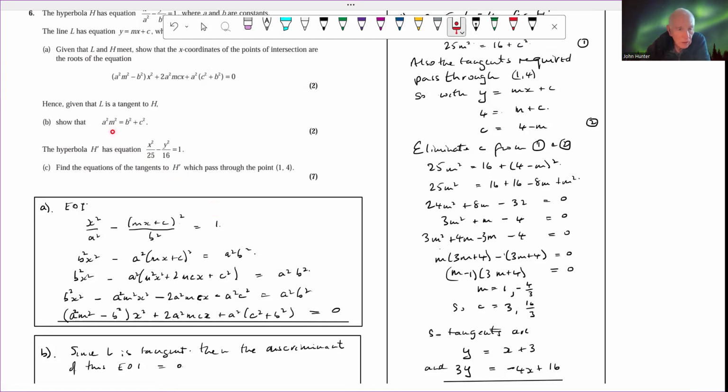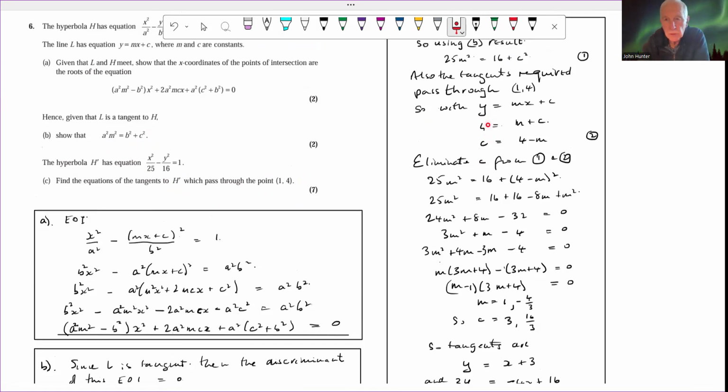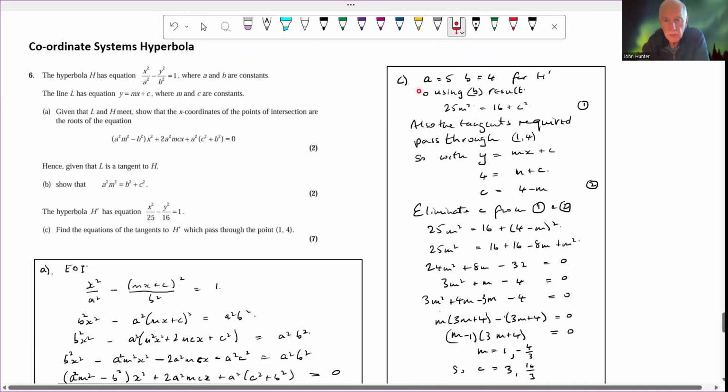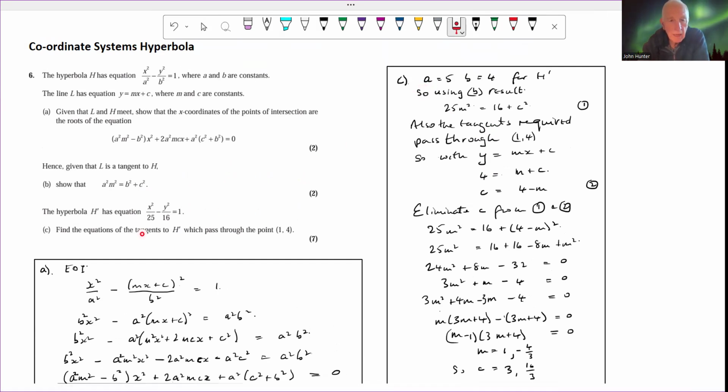Basically, we got the equation in m and c here. And when we are talking about straight lines that pass through that point, we've got another equation with two unknowns from y equals mx plus c. So let's just have a go at that part c now. In this case, obviously we've got a value of a of 5 and b of 4.